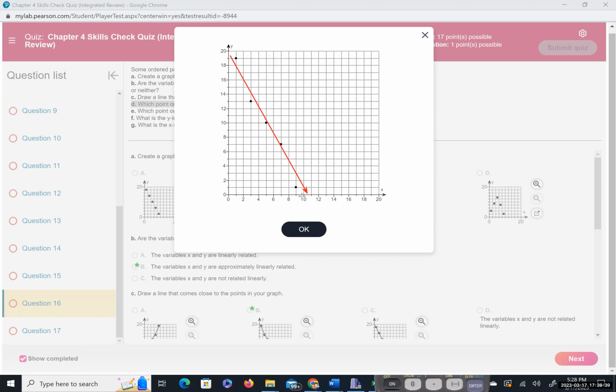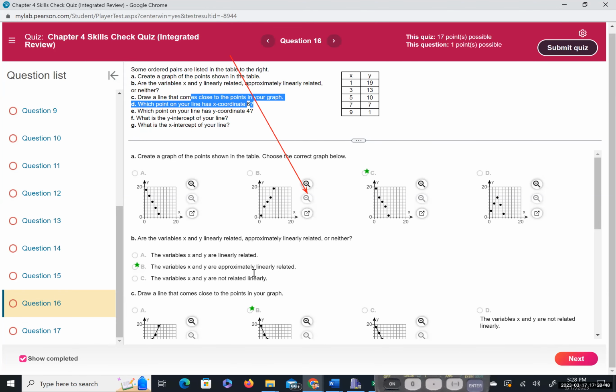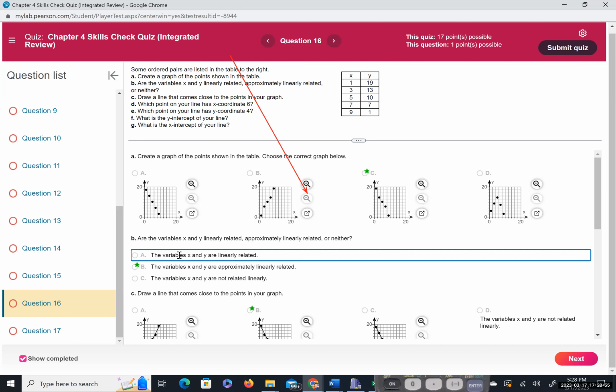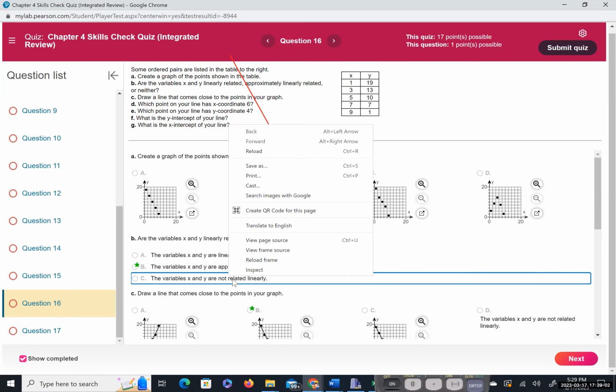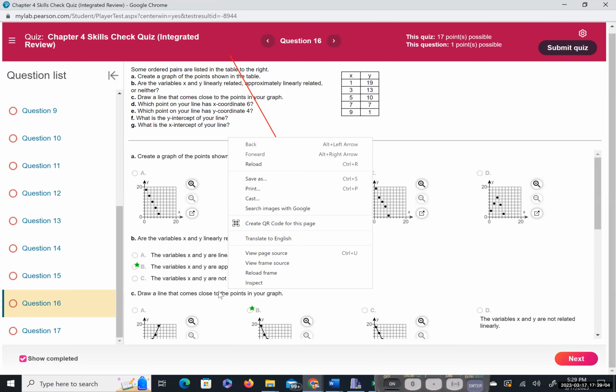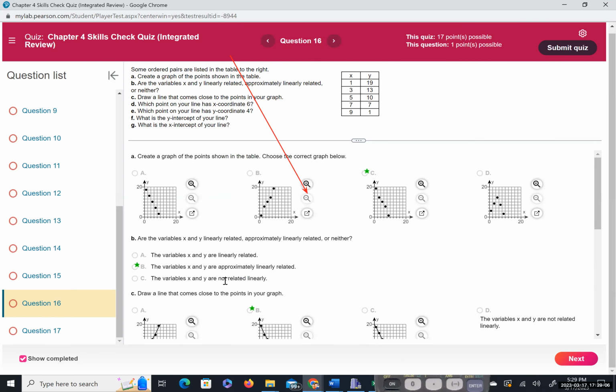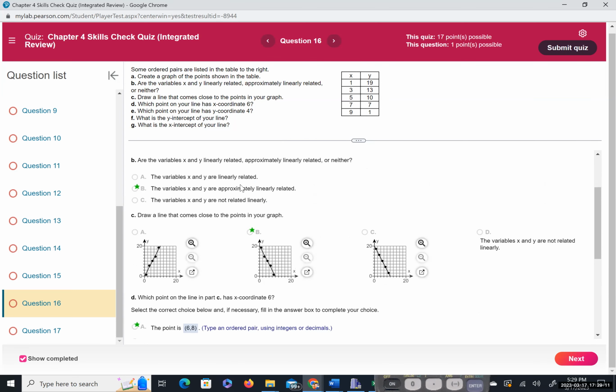That's decreasing, going down. That's the reason why I say variables X and Y are approximately linearly related. I don't want to say X and Y are linearly related because that means it's perfectly aligned, and I don't want to say it's not linear. So I will choose B as the answer for that.